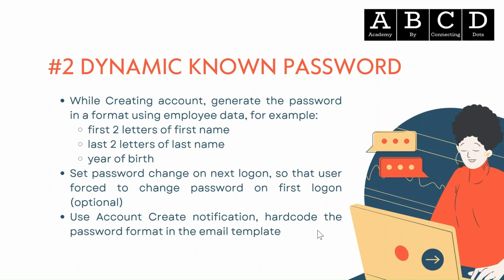You can change the format every month or every quarter. At least the special text you are using, two or three characters appended to the password, you can change every quarter or every month. So the password is a combination of user information plus special text.